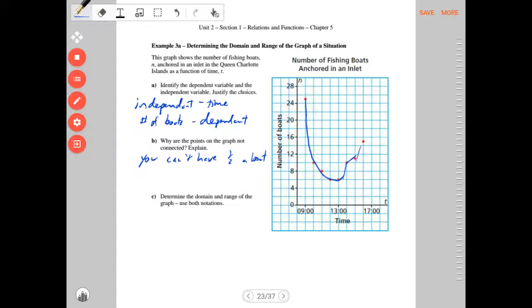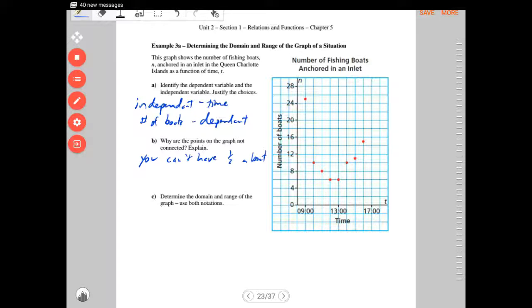Okay, but if we do this, look, that means that I can have, so this would be 14 boats. So this would be 13. Well, this number right here, that would be 12 and a half boats. Okay, well, you can't do that. So these have to be discrete values. Okay? Again, can't have half a boat.